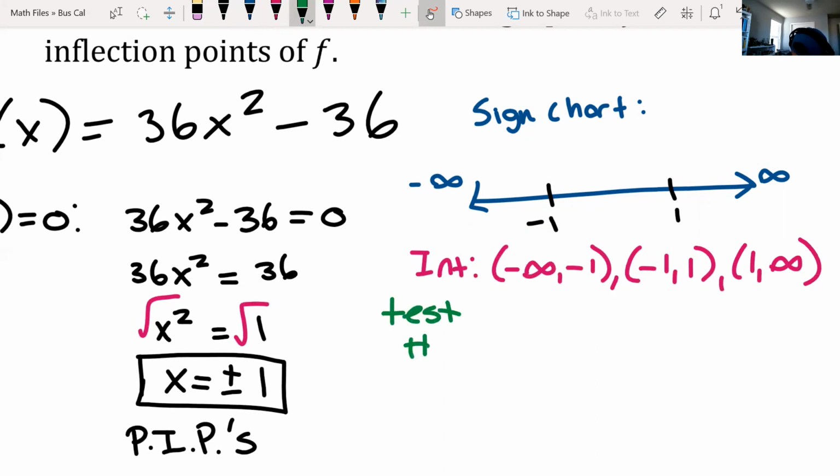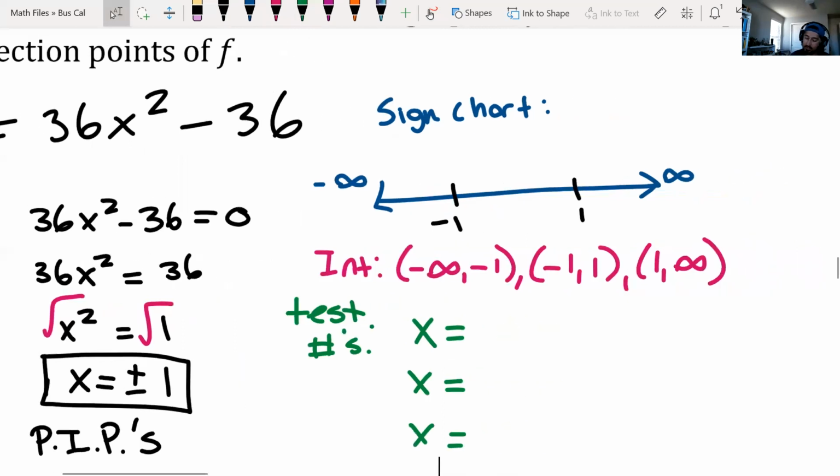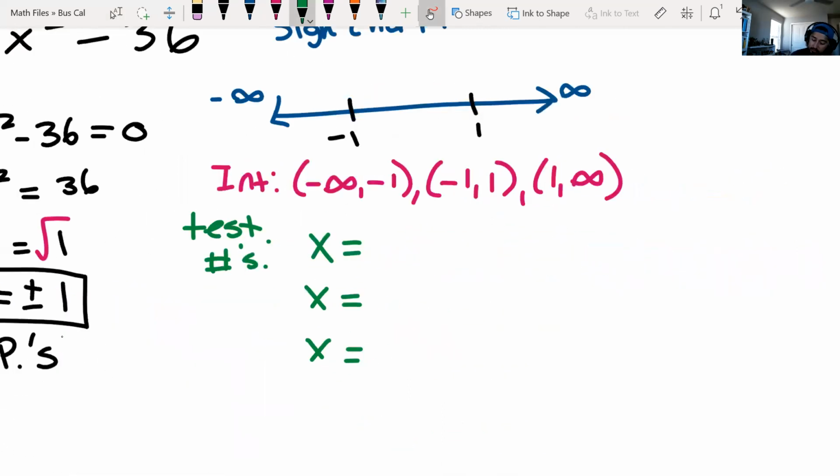Intervals, test numbers, three of them. For negative infinity to negative 1, what's a good test number? -3. Negative 3, why not? Negative 1 to 1: 0.5.